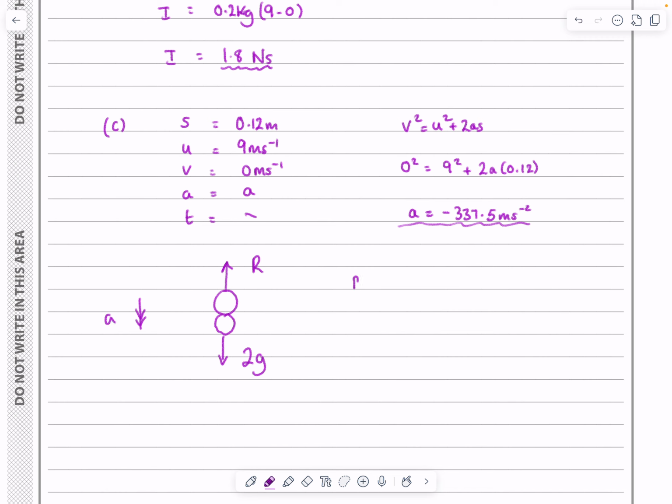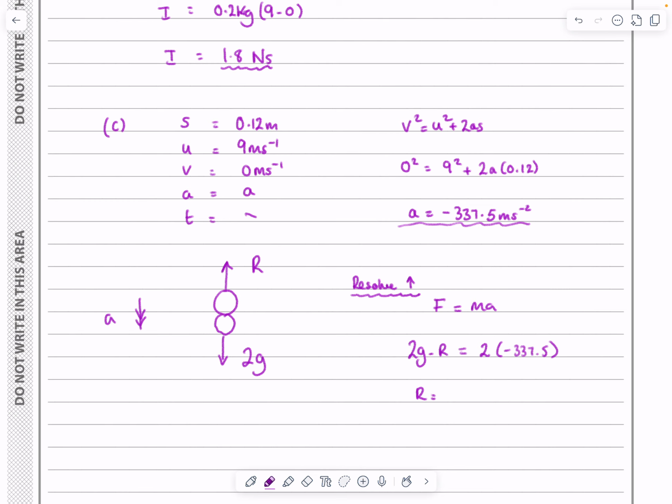If I resolve vertically, we get F equals ma. 2g is bigger than R, so 2g minus R is equal to mass times acceleration, which is 2 times that value we've just found, minus 337.5, and then rearrange that to get what R is.